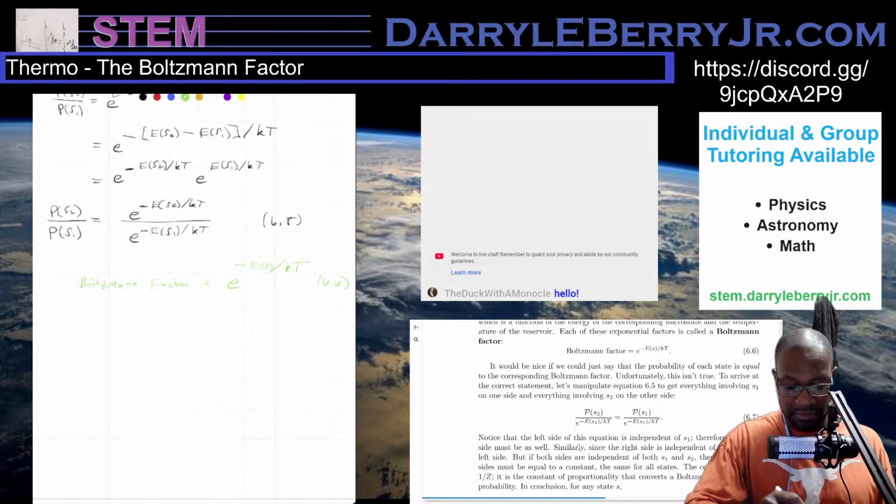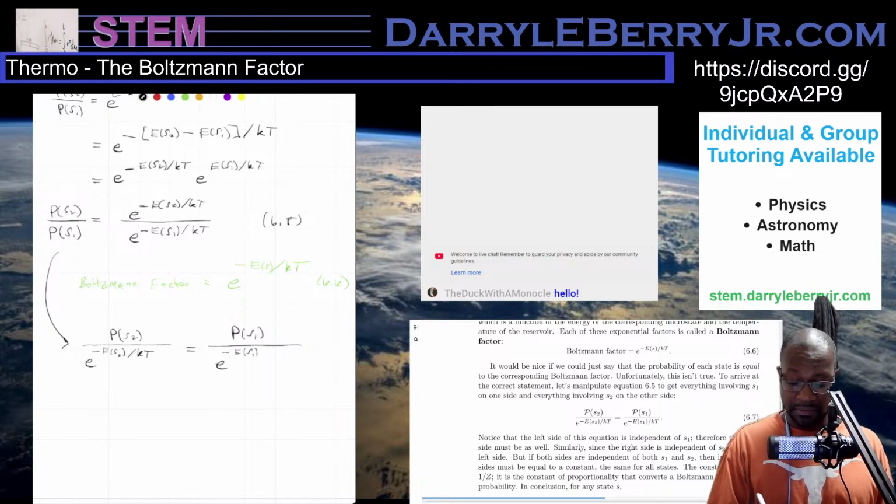So coming from here, we have the probability of state 2 divided by the Boltzmann factor for state 2 equals the probability of state 1 divided by the Boltzmann factor for state 1. And this is 6.7.